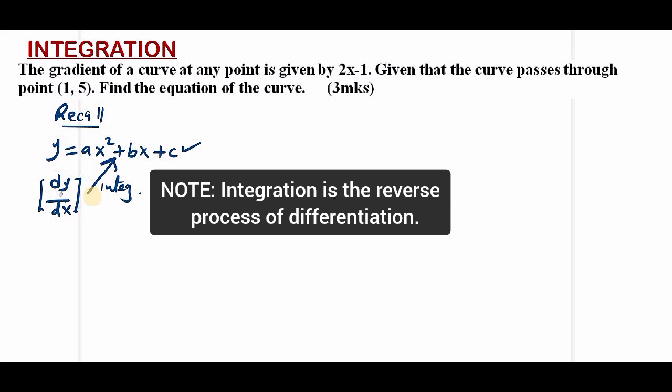So the gradient function is dy/dx. And this means that when you're given the gradient function, you can always get back to the equation of the curve by integration. So we integrate the gradient function to get back to the equation of the curve.